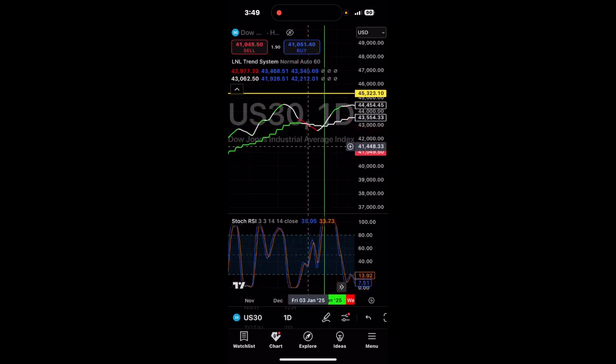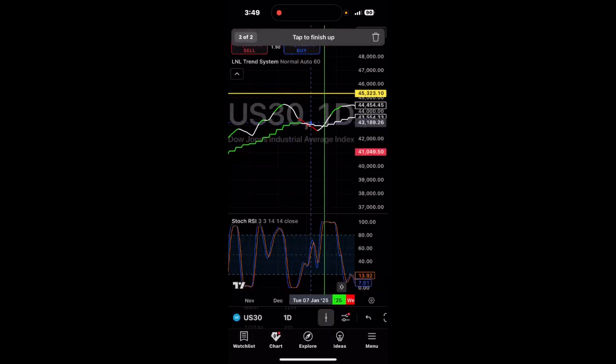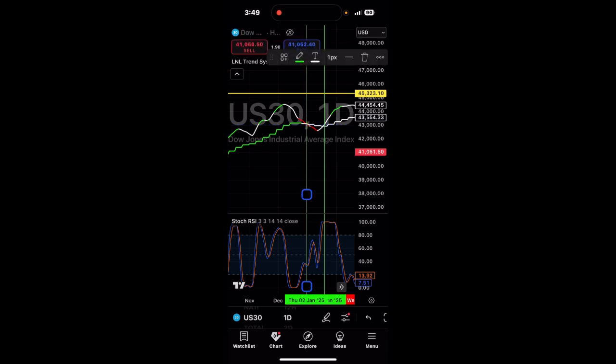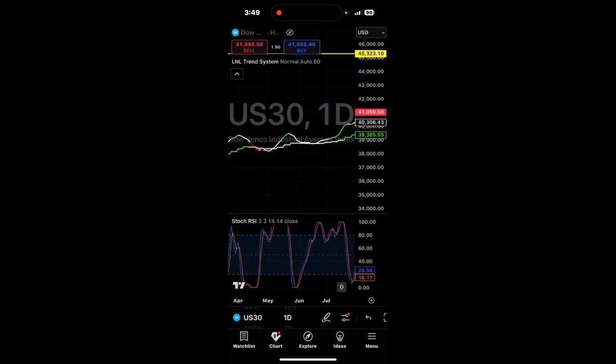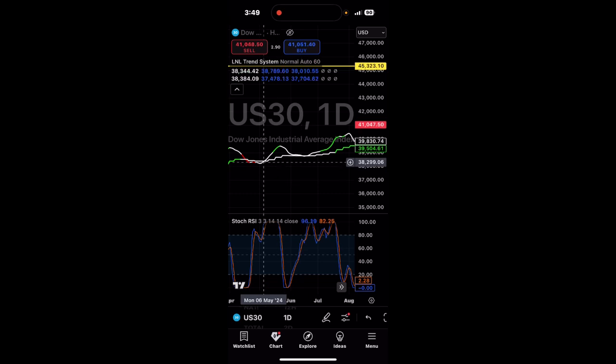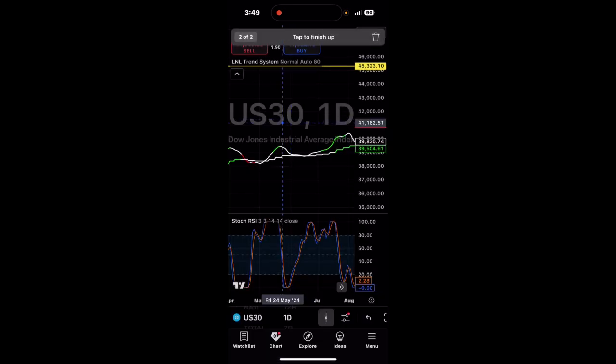And you got a fake out right here, but you still could probably have made some profit here. Right about here, this is the start of a small downtrend. And then you got this moment right here, which is the start of an uptrend.